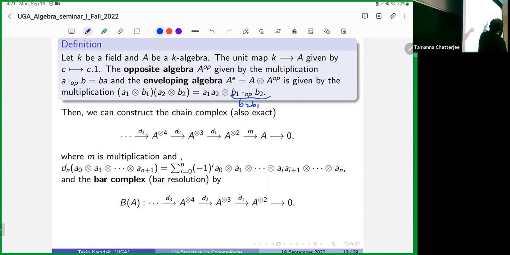Then we can construct a chain complex by taking tensor powers of A, and here the differential uses the multiplication. Then we define each differential here by this. And this is called the bar complex.